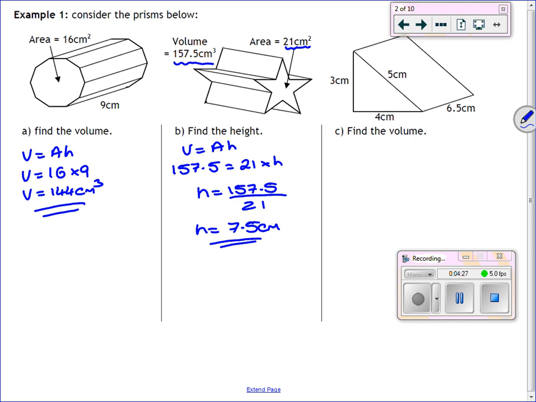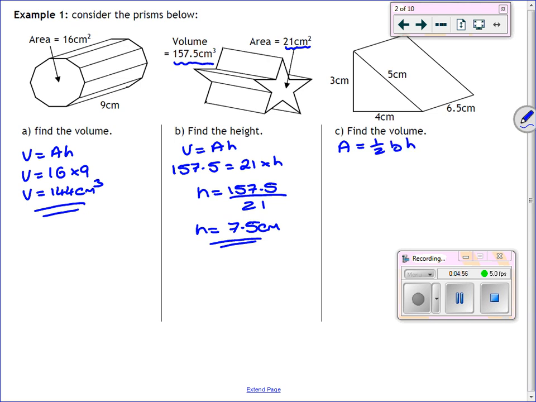The last example here is we want to find the volume of the triangular prism. This time we're not given the area of the face, we are given the base and the height of the triangle. You'll remember from your work from primary school into first year that to find the area of the triangle we use the formula half base times height.